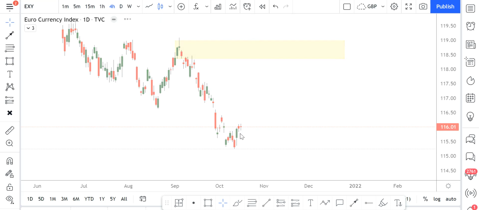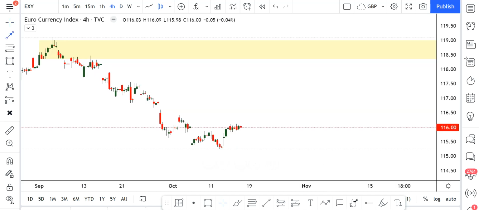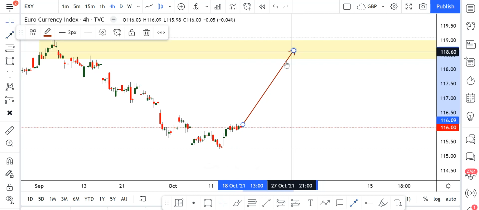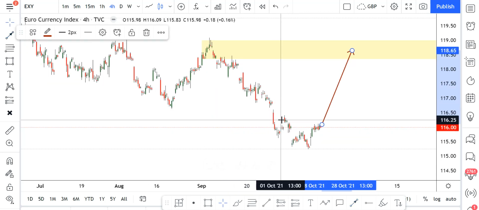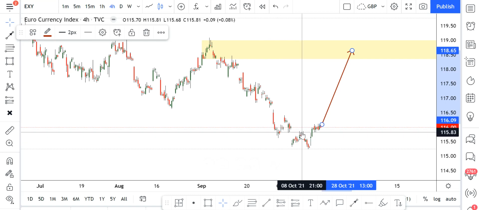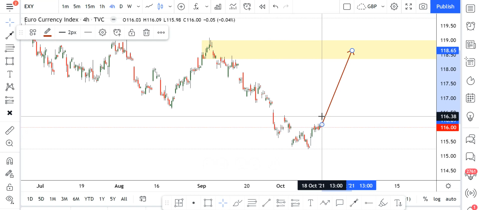Now, like I said, when it comes to the daily, I'm still expecting that price will move to the upside. That is, price will flow to this upside. Now, if you look carefully, we have a low and the low was broken. This is the previous low, which was broken to the upside.